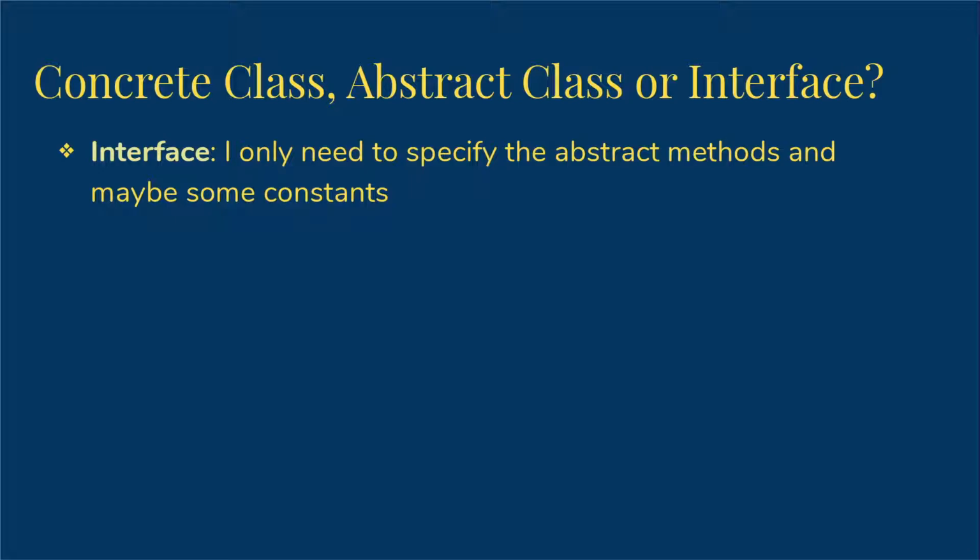I don't have shared behaviors. I don't have shared data among my different classes. Or maybe all I'm trying to do is to enable my code to call other code that someone else will write. So I need to set up this contract that allows me to let my code call their code. Then I need an interface.